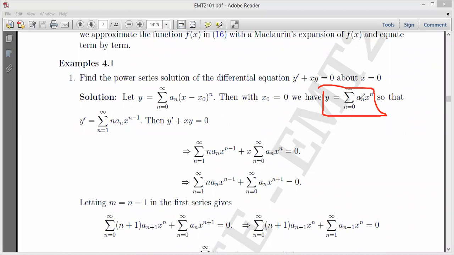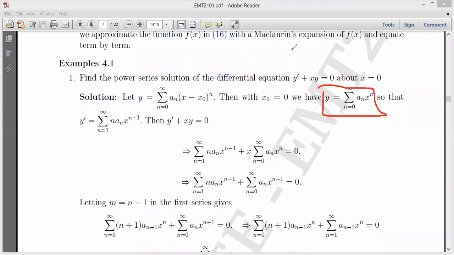If you expand this, you'll have A0, A1, A2. A1 goes with the X1, A0 with the X0, and it can go on all the way up to infinity. So we are substituting into this one here.